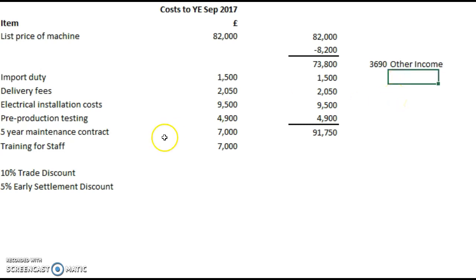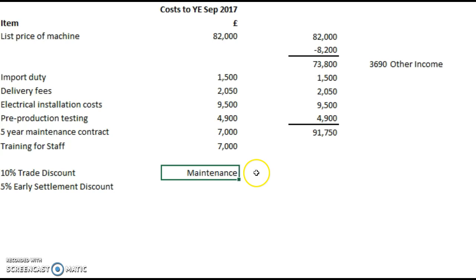What else do we have? Well, we have the maintenance contract. That wasn't included. So maintenance contract, what do we do with that? Well, if we pay it outright in one go, 7,000, it's just an expense. And if we pay the whole lot outright, well, we have to spread that across 5 years.